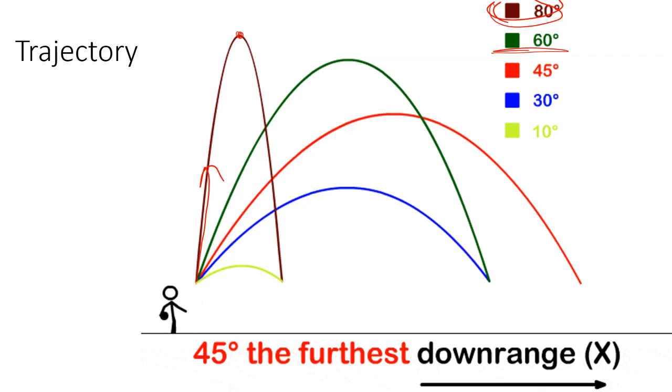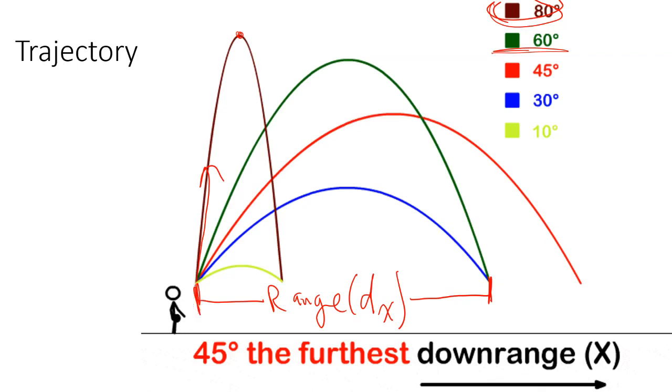If we keep going down to 30, you'll see the horizontal range. Looking at the green and blue lines, how far something gets thrown, we call that d, or displacement in the x direction, the horizontal range. You'll see the horizontal range is the same for both 60 and 30 degrees.